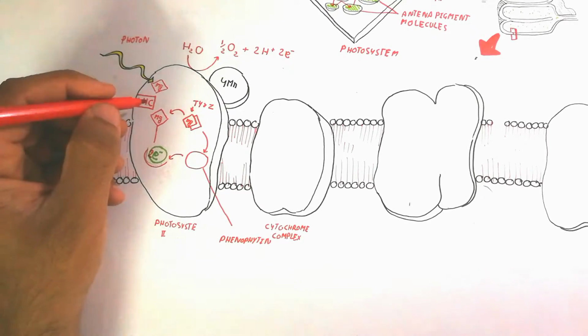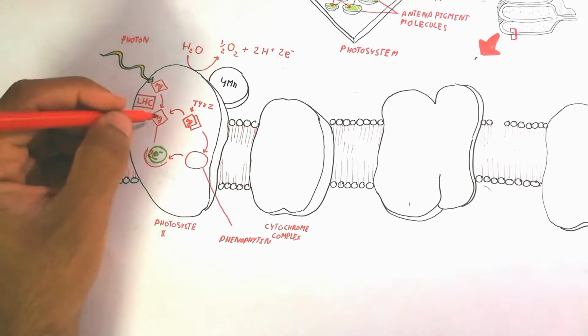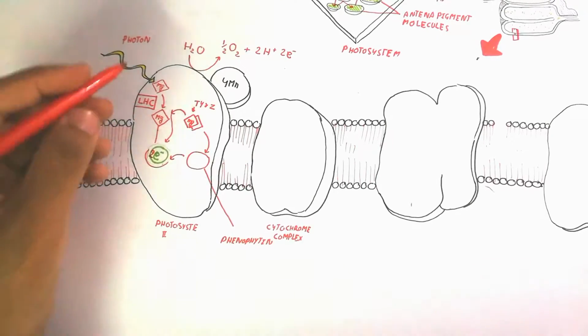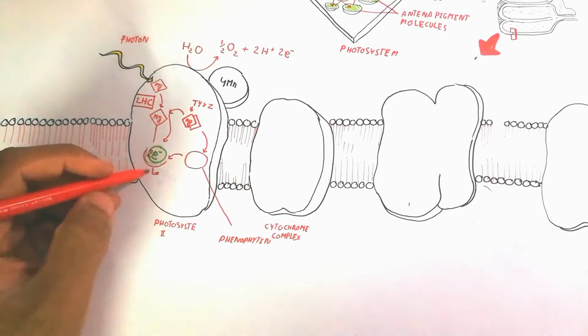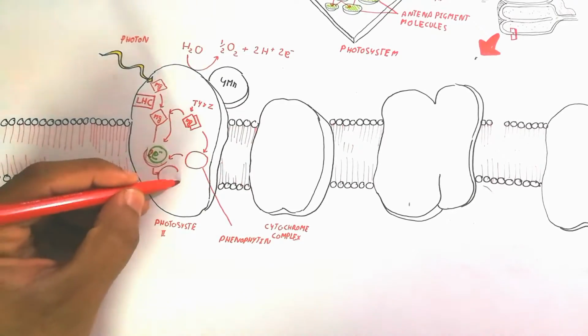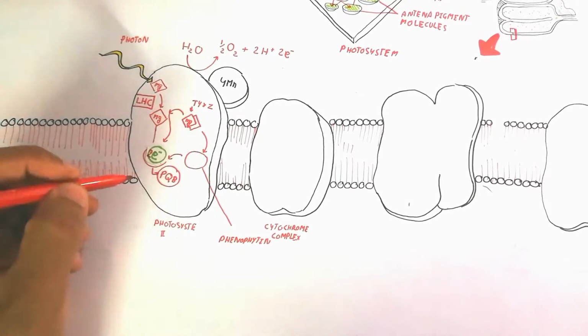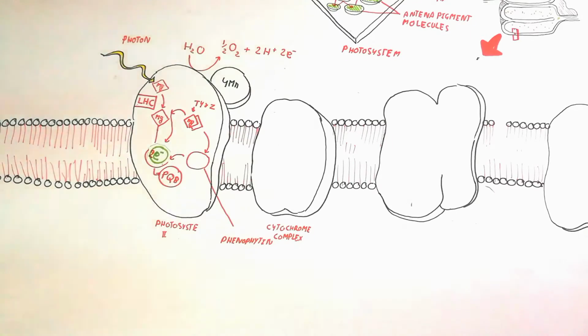plastoquinone A. That's plastoquinone A and plastoquinone B. Plastoquinone A accepts the 2 electrons, and plastoquinone B accepts the electron further.